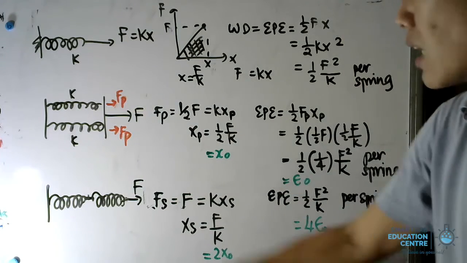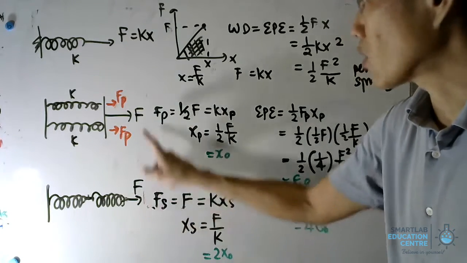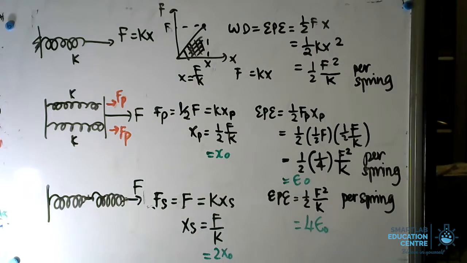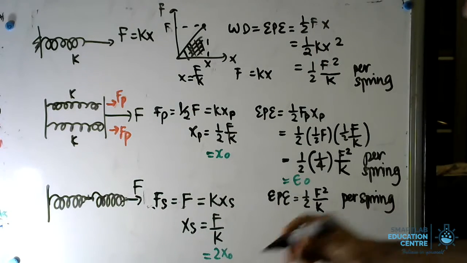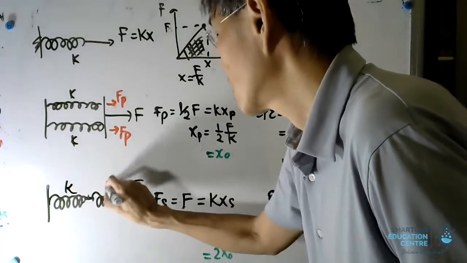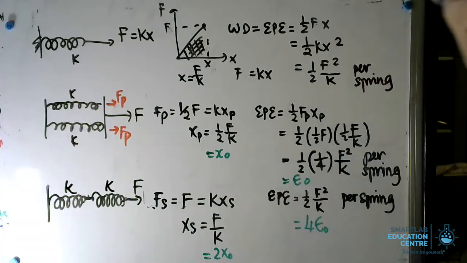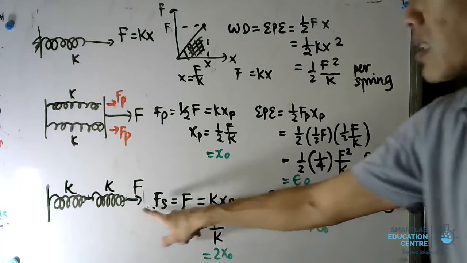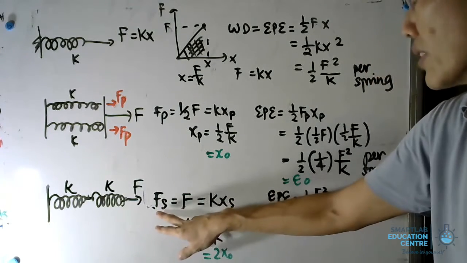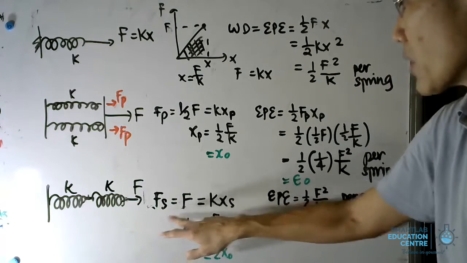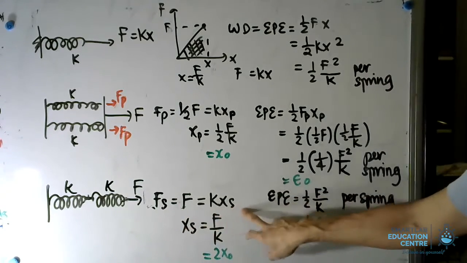Okay. The last case now will be if the same force F is applied on two identical springs, which are paired in series. So in this case, you will find that each of the springs is subjected to the same force F. So for a single spring, the force exerted on the spring is F equal to Kxs.